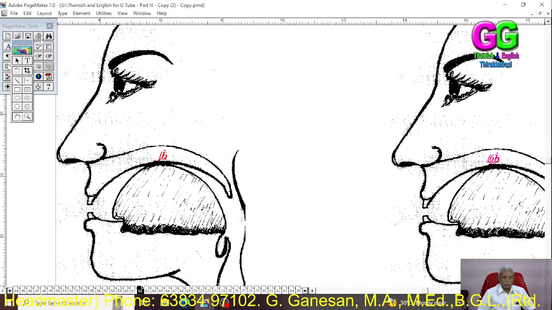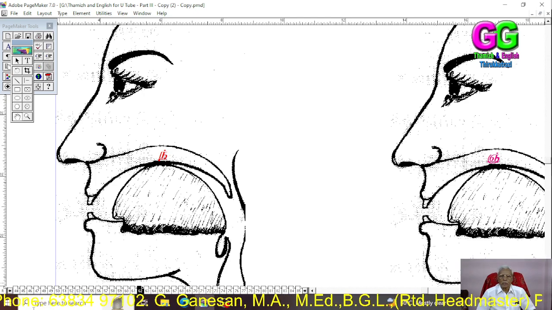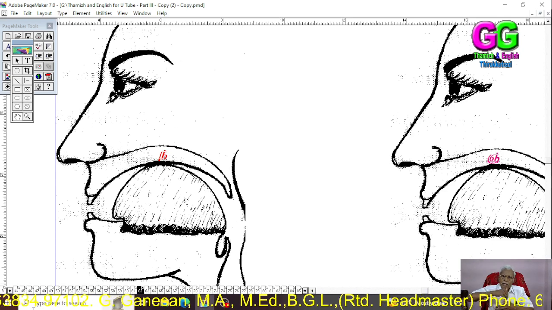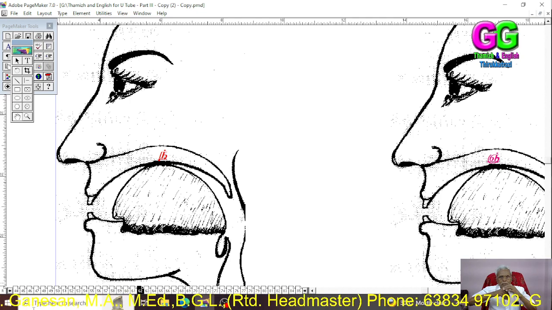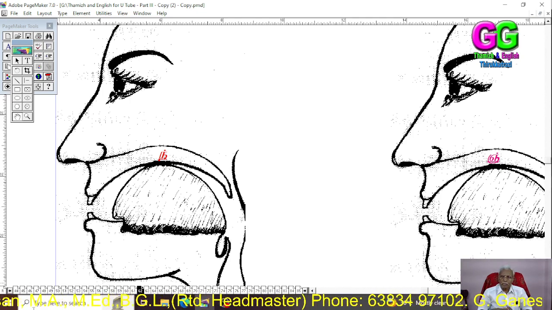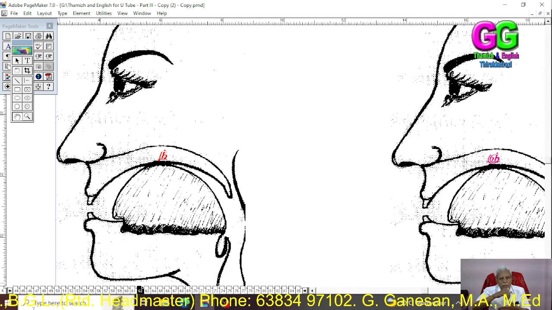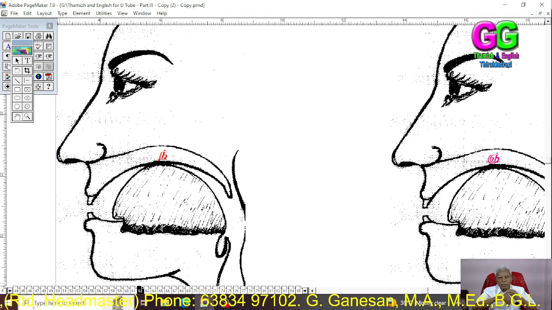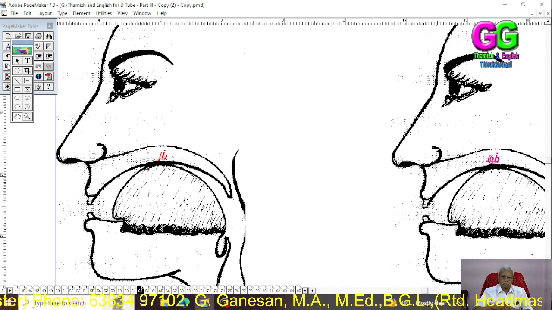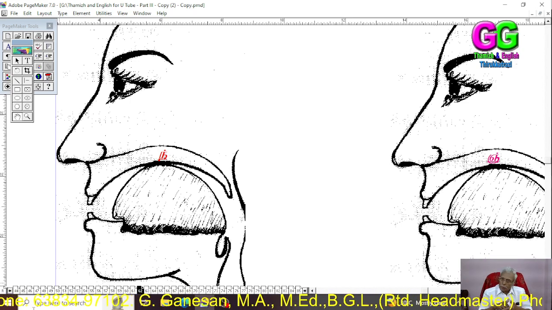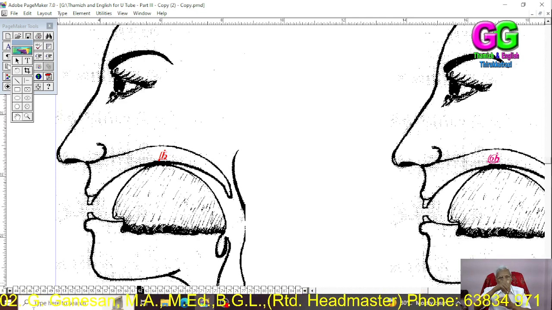See, the first phoneme is produced by making a tight contact between the middle of the tongue and the middle of the roof of the mouth, and sounding.